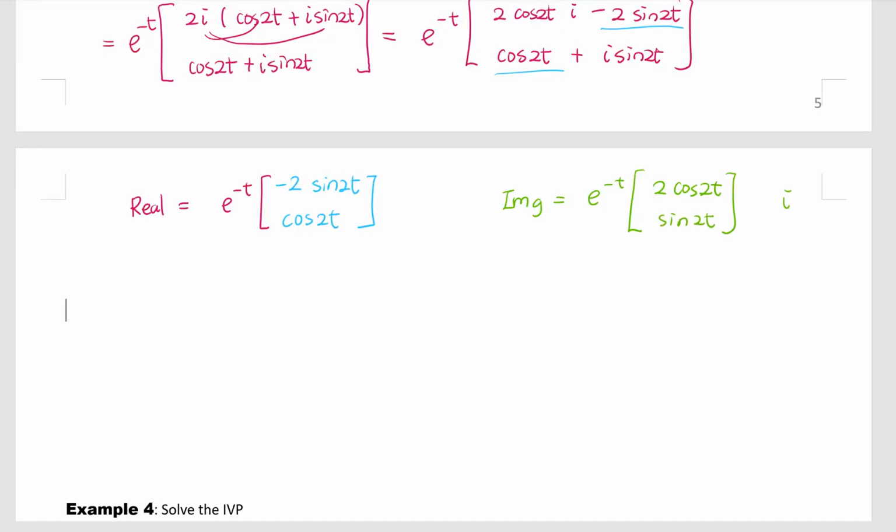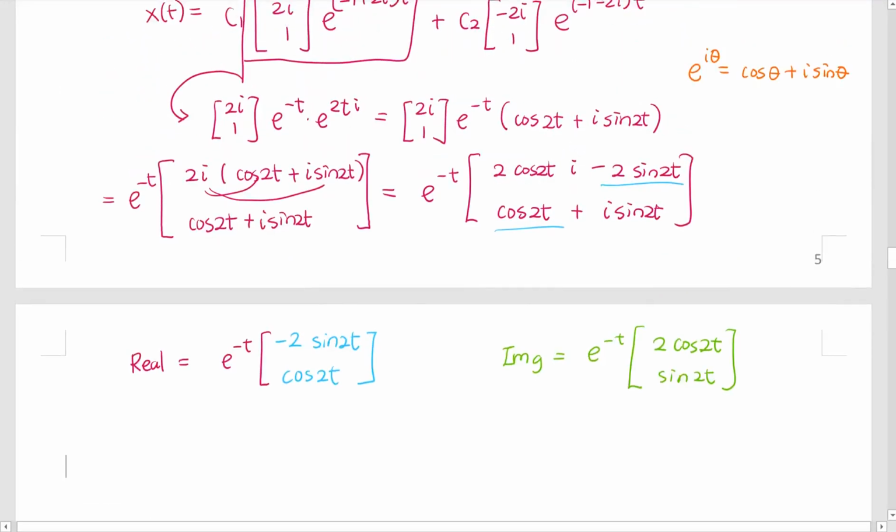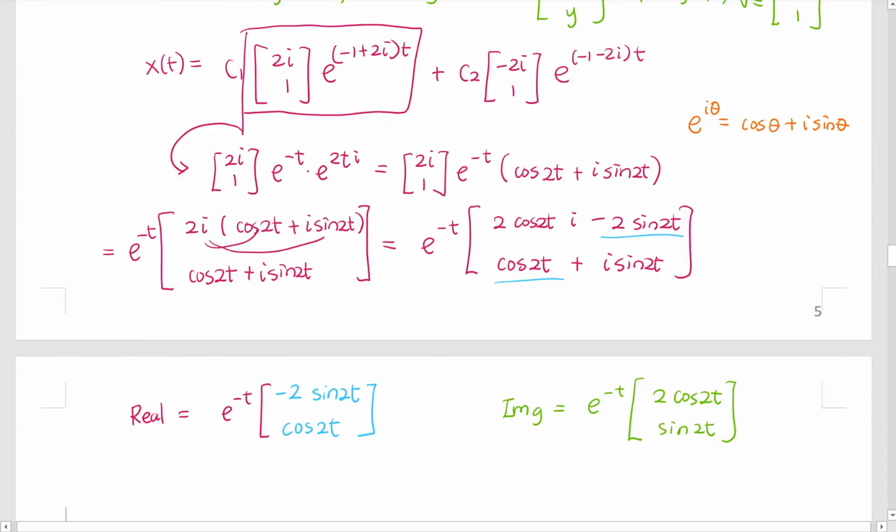You can factor out the i. If we just look at the coefficients of the imaginary part, then we can get rid of the i. So now you can see our first solution, let's call this the first solution. This is the second solution.